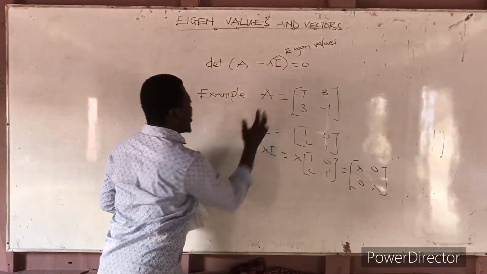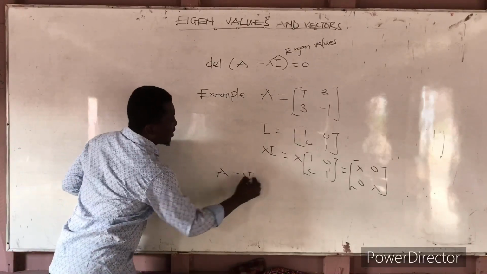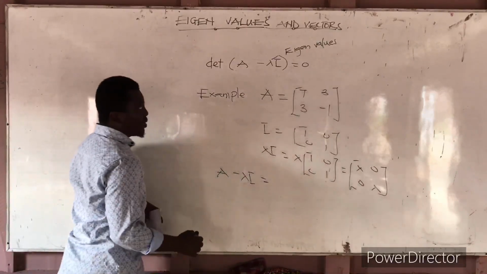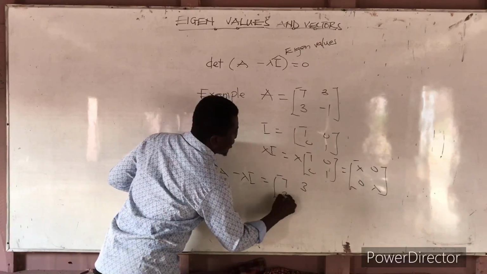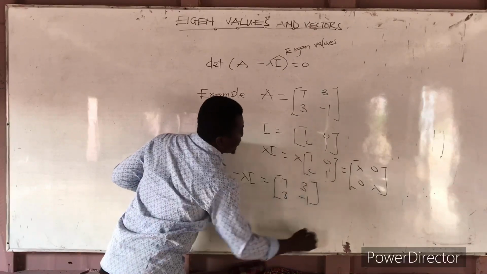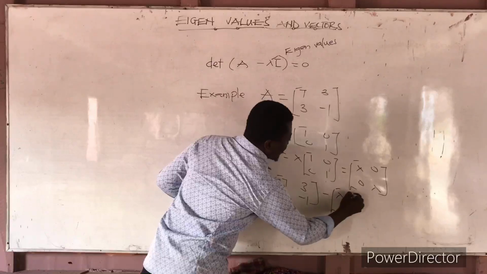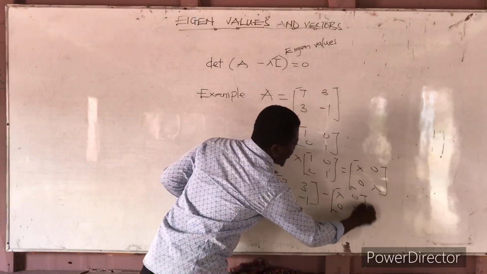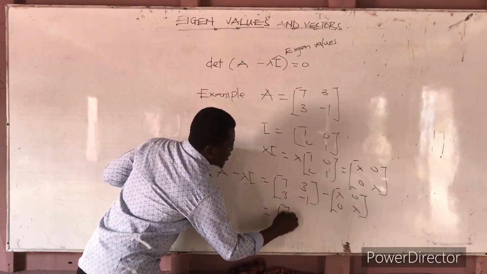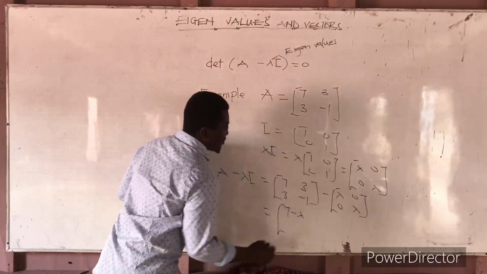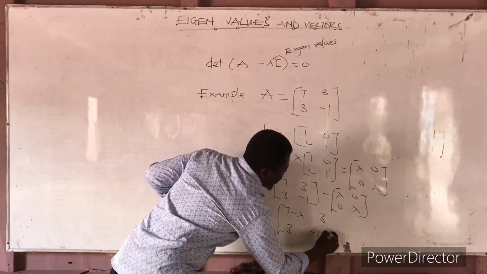After getting lambda I, from the formula, in order to get the eigenvalues, we must subtract lambda I from A. So we have A minus lambda I. What is it going to be? It is going to give us 7, 3, 3, -1 minus lambda, 0, 0, lambda, and this gives you 7 minus lambda, 3, 3, -1 minus lambda.